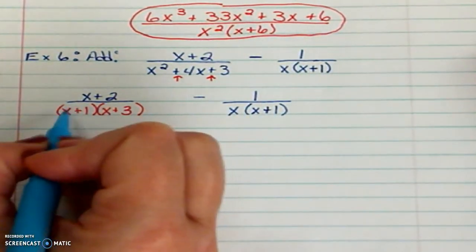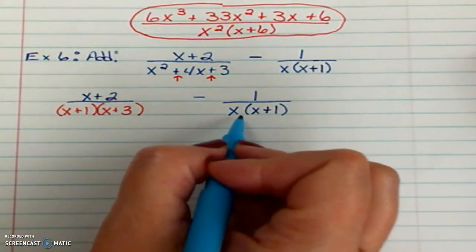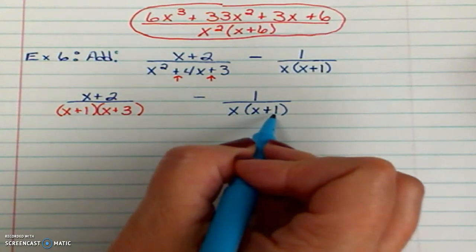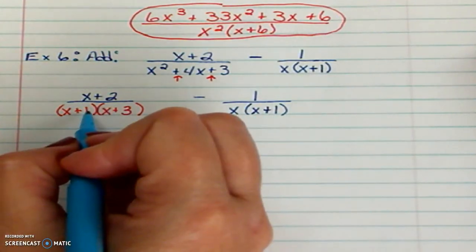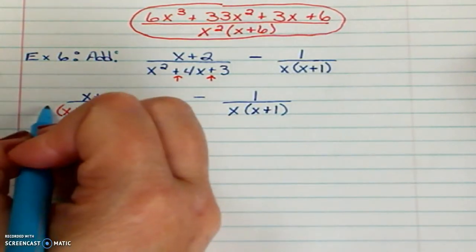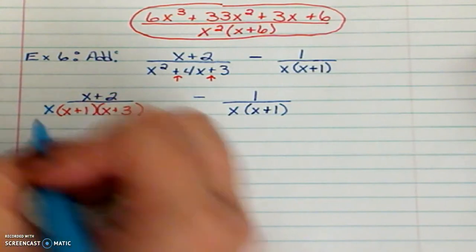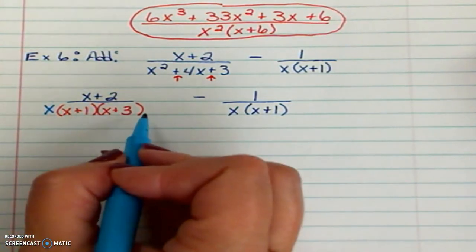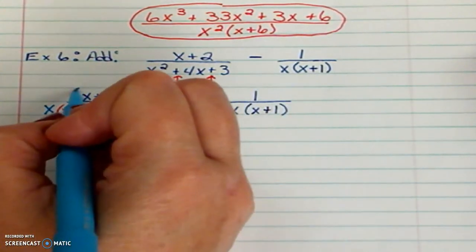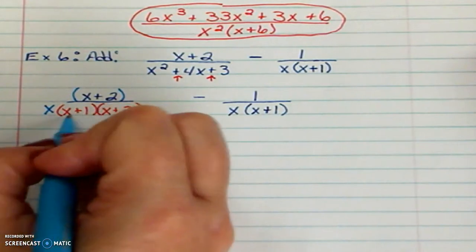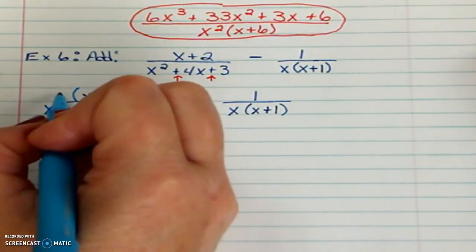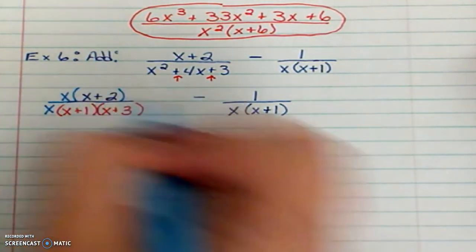So now we have it in factored form, and we can come up with the common denominator. If I look at this first term, it has everything that the second term has, as far as it has the x plus 1, but it is missing a factor of x. So I need to include that in my common denominator. If I put it in the denominator, I also have to multiply it into the numerator.